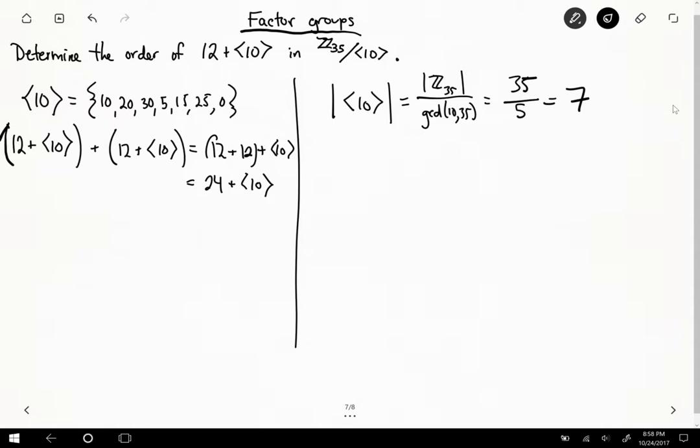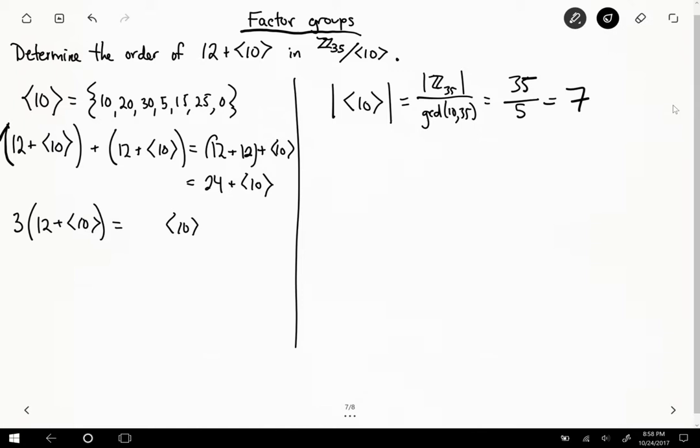plus that element 10. Now this is going to be somewhat painstaking, but we'll go through it and try to get our answer. So notice now, if we take 3 times this, adding up 3 of these, the 10s just combine together, so we have that cyclic group generated by 10 all together there.